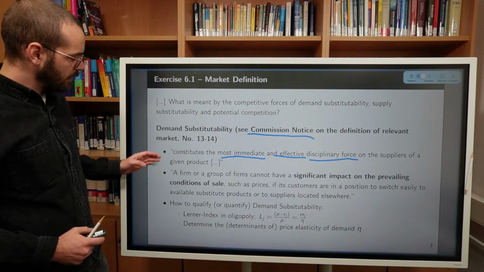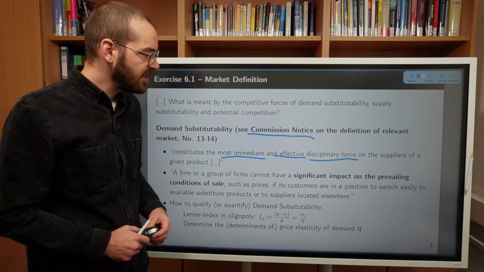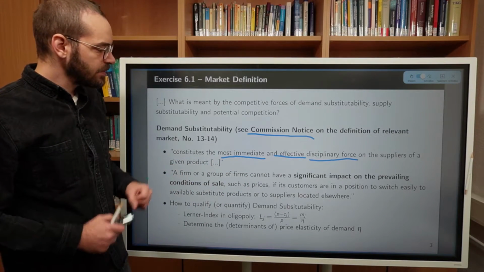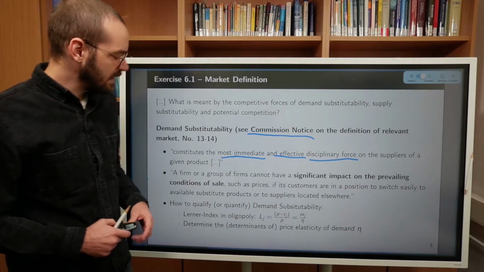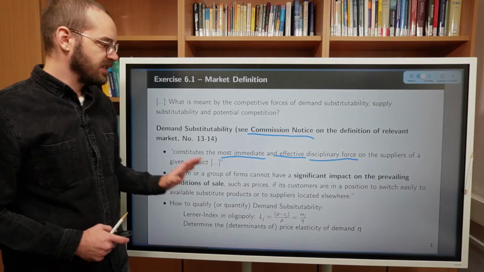Then the second quote reads: a firm or a group of firms cannot have a significant impact on the prevailing conditions of sale, such as prices, if its customers are in a position to switch easily to available substitute products or to suppliers located elsewhere.